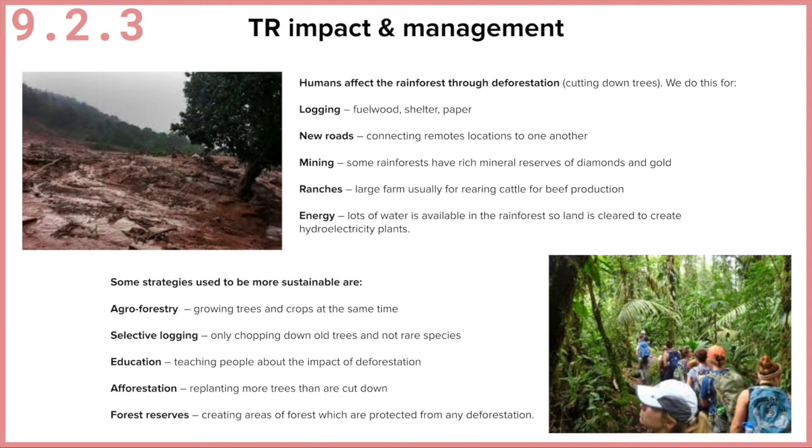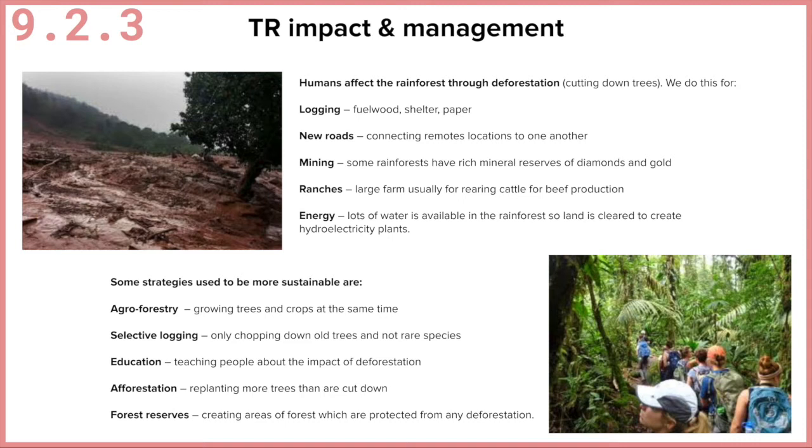So what have we tried to do to make our use of the rainforest more sustainable? Well, we've got agroforestry, where an area of land is chopped down to grow crops. There are laws in place in some countries where they have to also plant trees back. So you grow your crop, and then around the outside of the crop you have to grow trees.